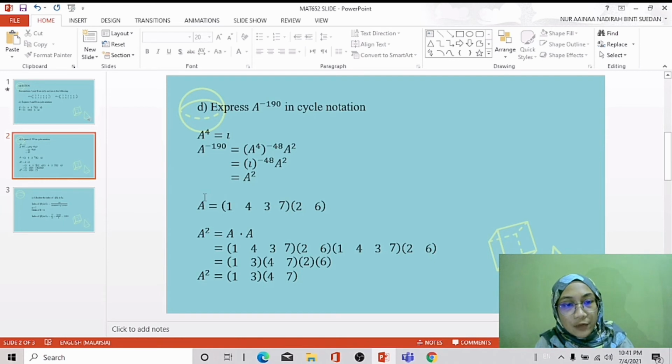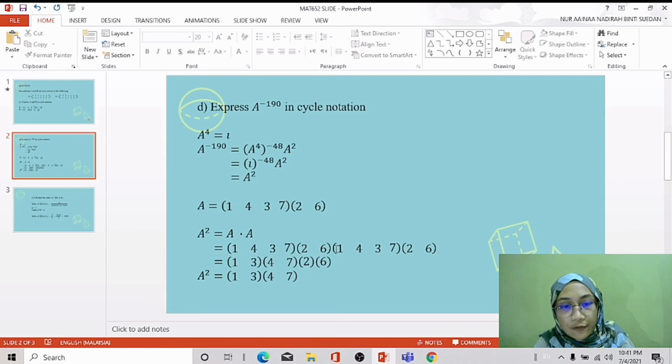Based on the earlier question, we know the cycle notation of A is (1 4 3 7) and the second cycle is (2 6). A squared is equal to A times A. So we substitute the cycles here like this. We start from the right side to the left side.